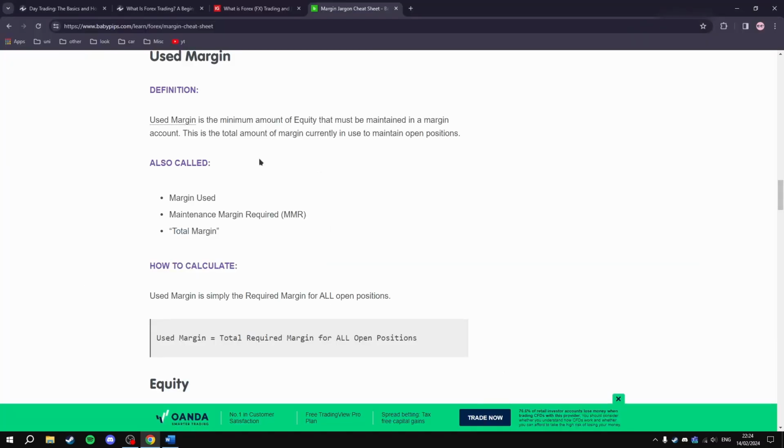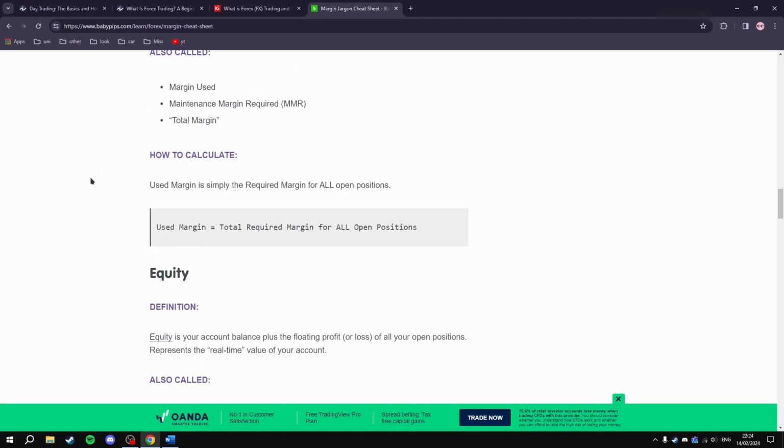Also called margin used, maintenance margin requirement, and total margin. How to calculate: used margin is simply the total required margin for all open positions. Right, okay.